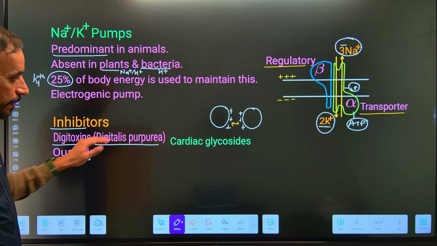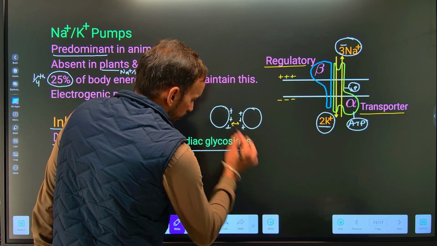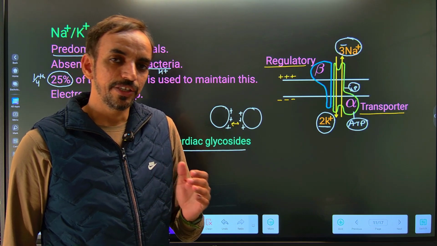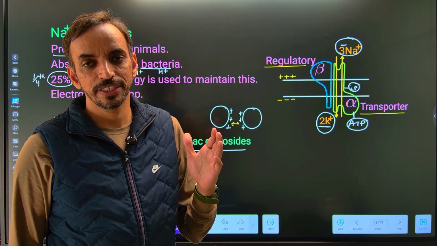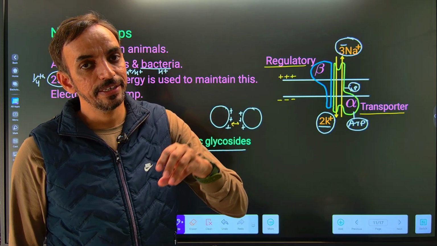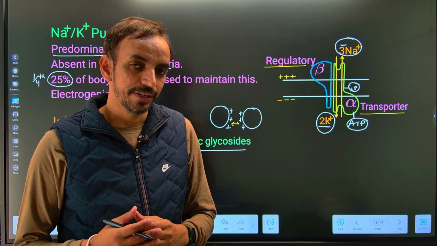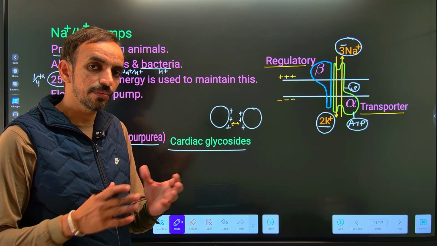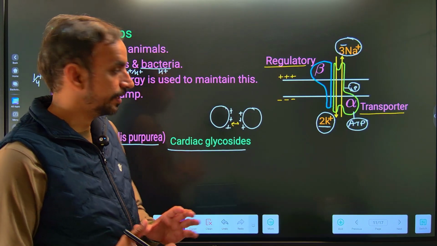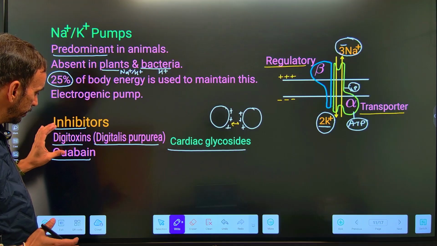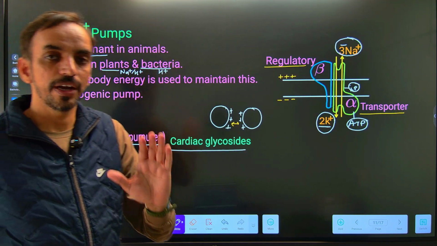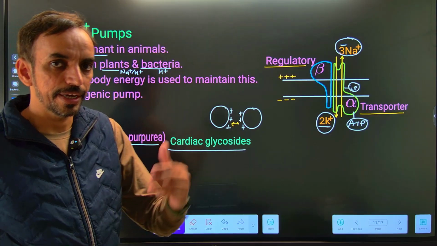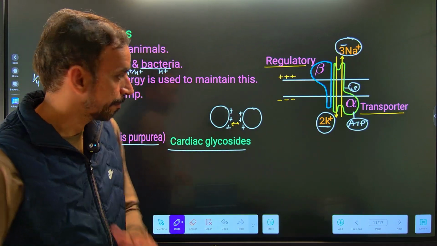Both of these inhibitors belong to the category of cardiac glycosides, because at the time of heart attacks, as a last remedy, injections of these digitoxins can be given to the cardiac muscle directly to revive the heart. Okay. How it works and how its functioning happens, we will discuss later. From here you just have to take this much: the inhibitors digitoxin and ouabain belong to the category of cardiac glycosides. How they can revive the heart, we will discuss later in secondary active transportation.